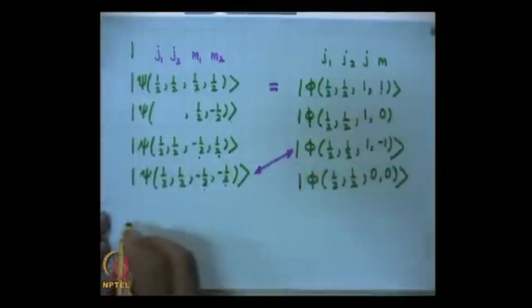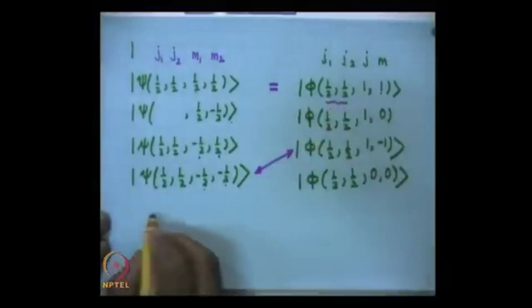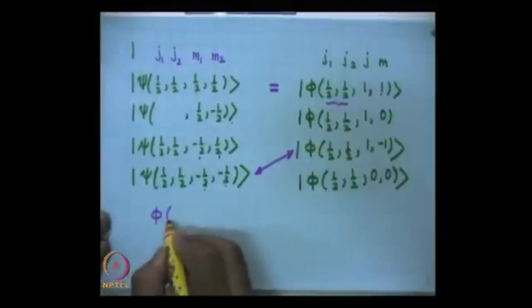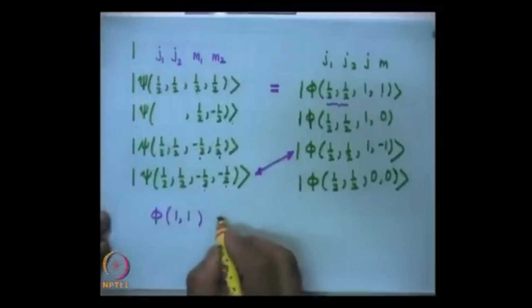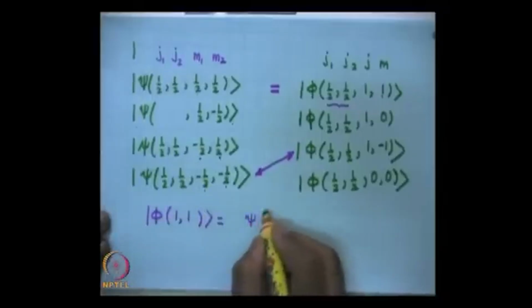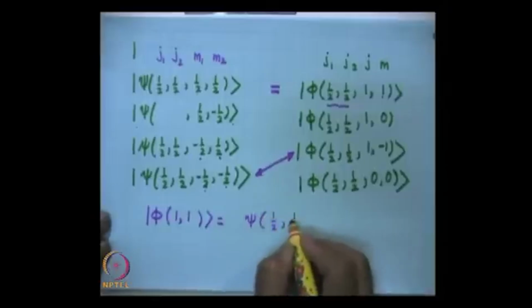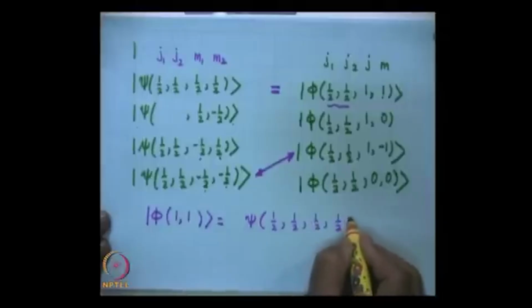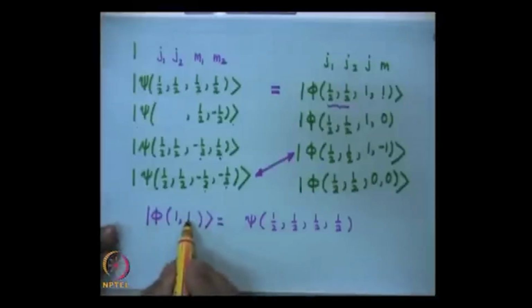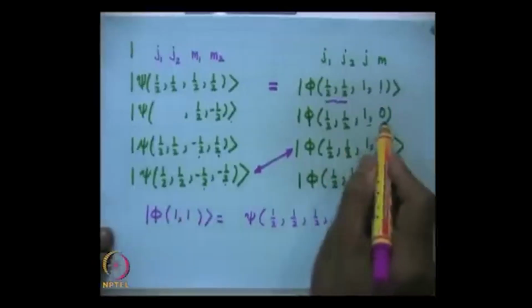So, you have, for example, let me omit this. So, phi 1 comma 1 will be equal to psi, half, half, half, half. Let me write the half factor, I will tell you why I require that. Now, I want to find out, I want to get to phi 1 comma 0.